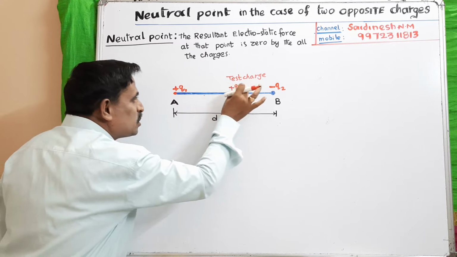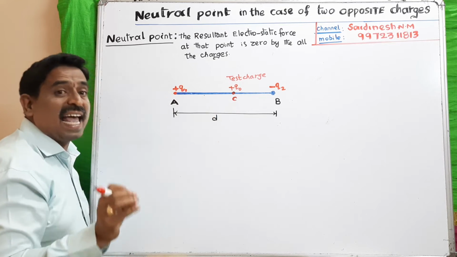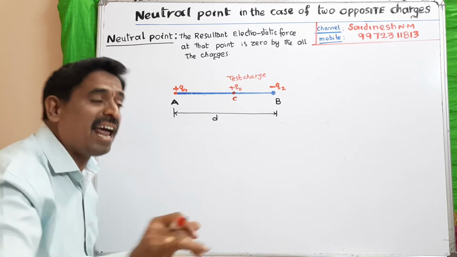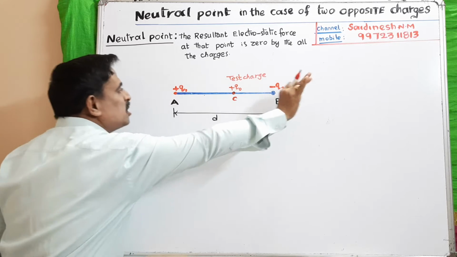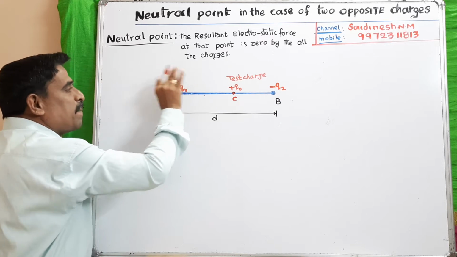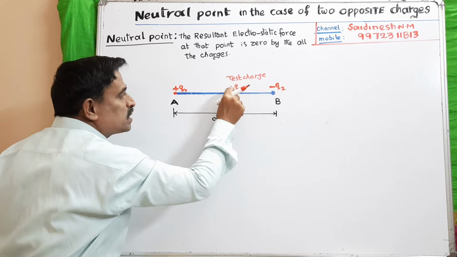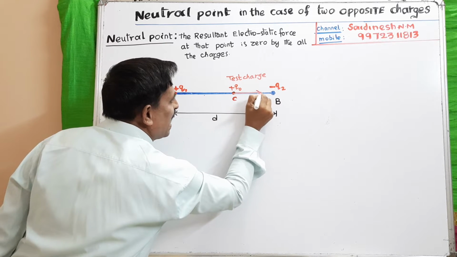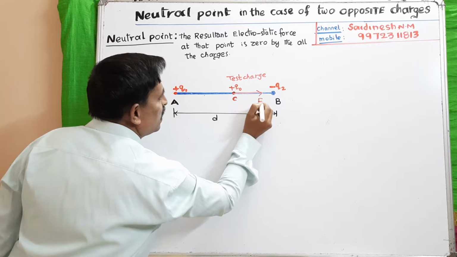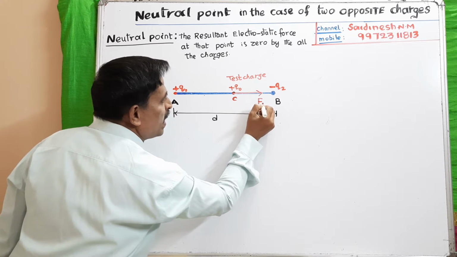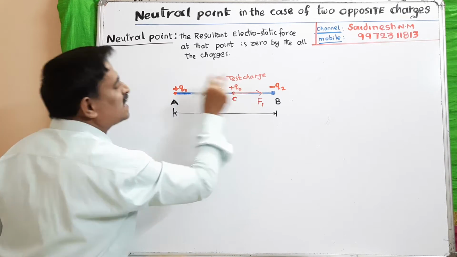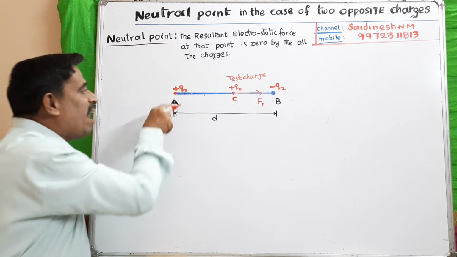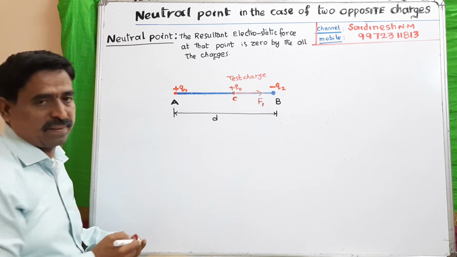In between these two positive charges, there exists an electrostatic repulsion. The first charge applies a repulsive force on this test charge along the AC direction. This is the force F1 applied by the first charge on this test charge along the AC direction.